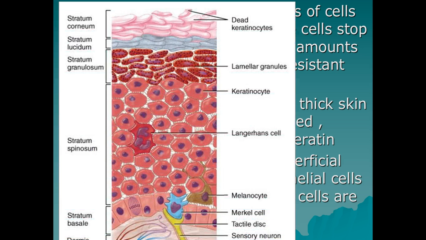So if we're looking at it from a layer standpoint, the stratum corneum, again, those dead cells that are keratinized and packed densely together, kind of flattened. You have the stratum lucidum, which is only present in thick skin. The stratum granulosum, now here the cells are still alive, but they're starting to flatten and produce that keratin protein. You have the stratum spinosum, which you will see as the thickest layer.